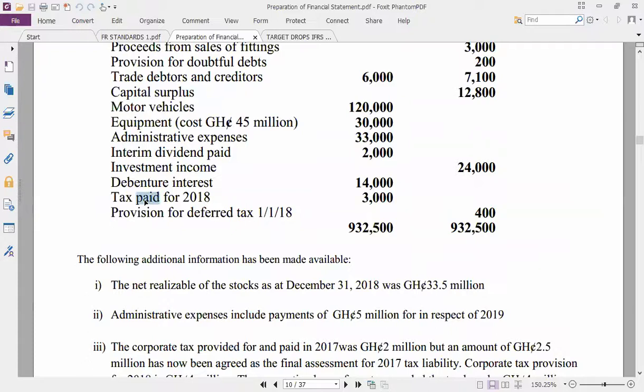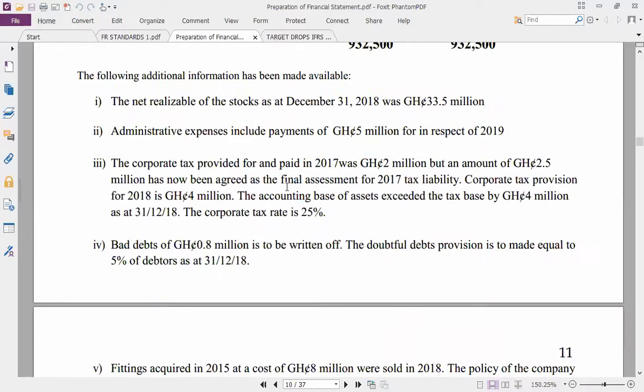They've paid 3,000 out of the 4,000. And then you put it there. So then you check whether the under or the over is on the trial balance. If it is not on the trial balance, then we have to add it, the liability to the company. Good. And then that is all.